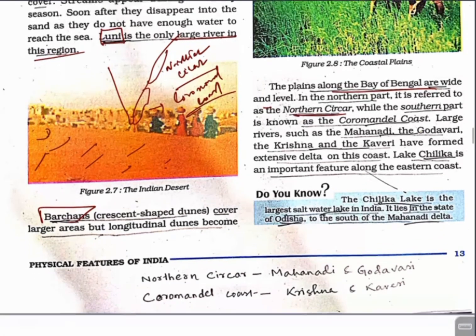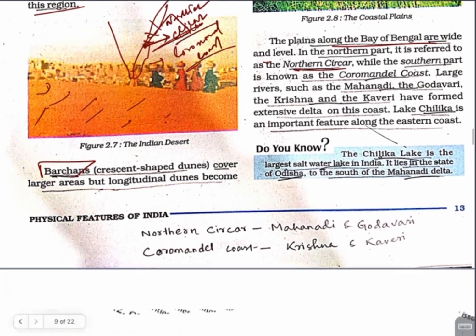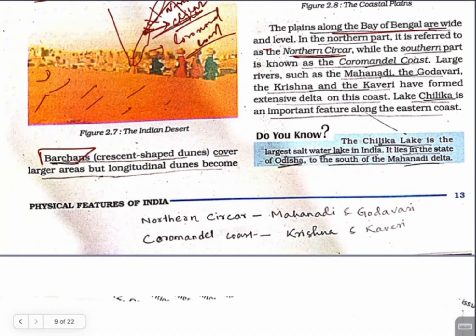Large rivers such as Mahanadi, Godavari, Krishna and Kaveri have formed extensive deltas. There is also Chilka Lake, the largest saltwater lake of India, present in Odisha.